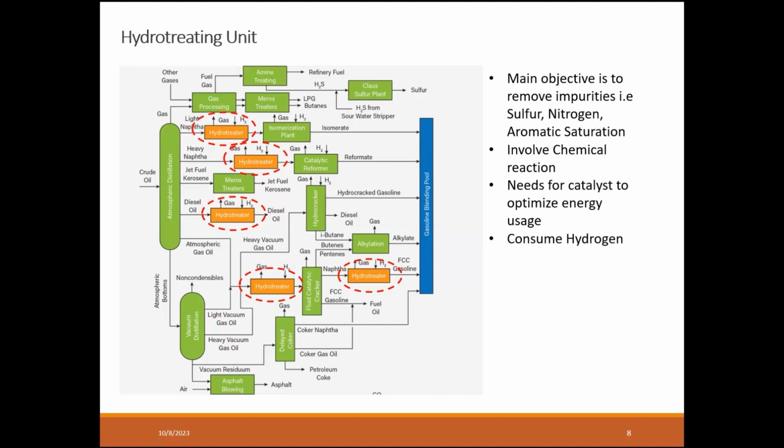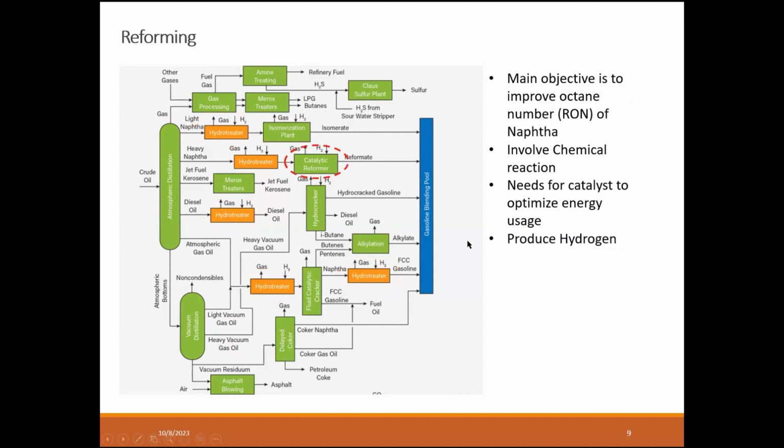But for diesel, the spec is cetane index, so we need fewer aromatics. That's the opposite. So for a diesel hydrotreater, normally we also design it to saturate the aromatic content in the feed. So we need the paraffinic stuff, right?